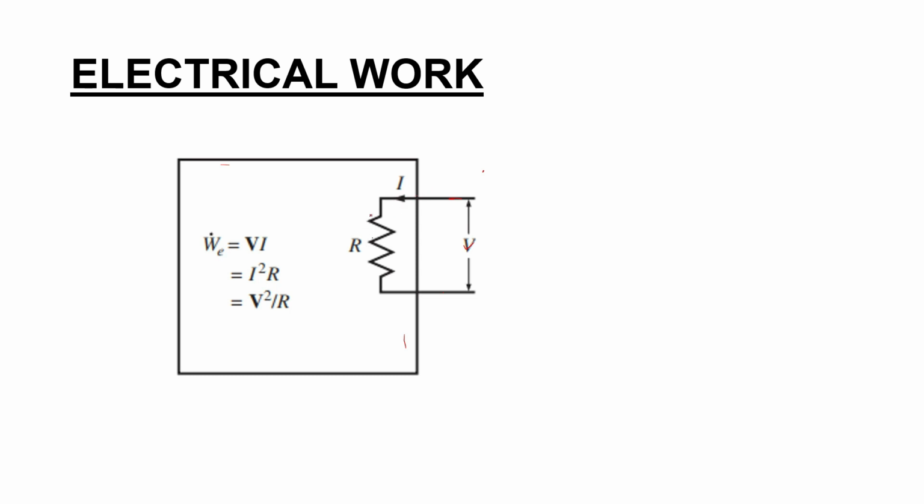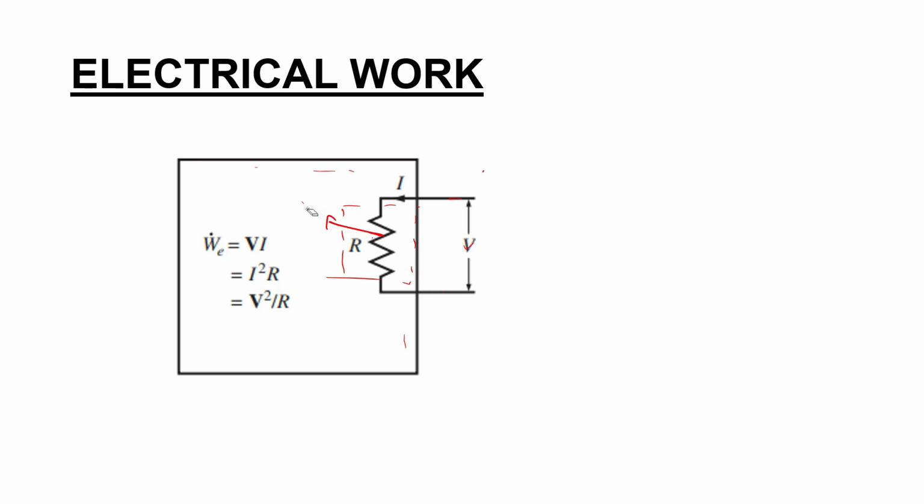But this all depends upon how you are taking the system. If you are taking the system like this, that means just outside this resistor, a region just outside the resistor, here energy transfers from this resistor to outside in the form of heat, because that is due to the temperature difference.